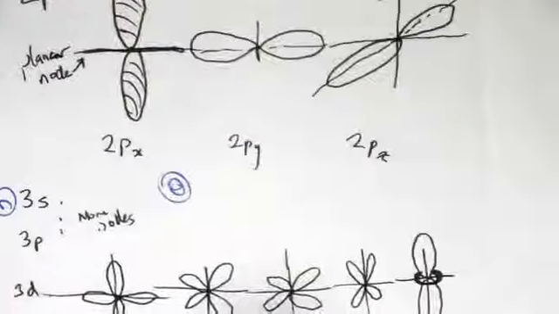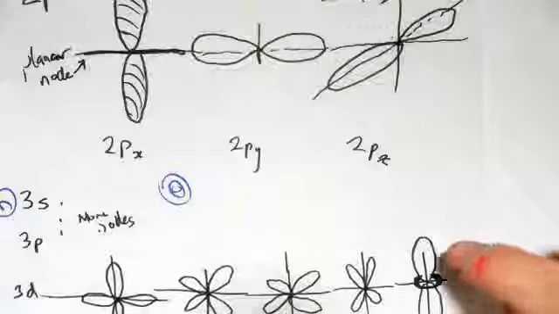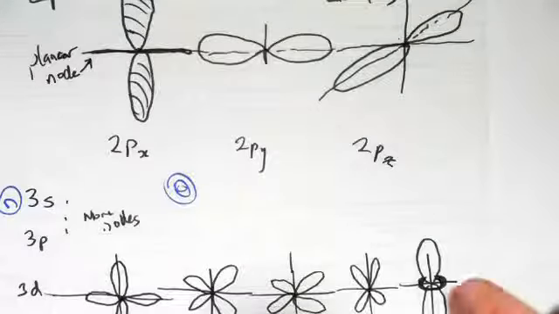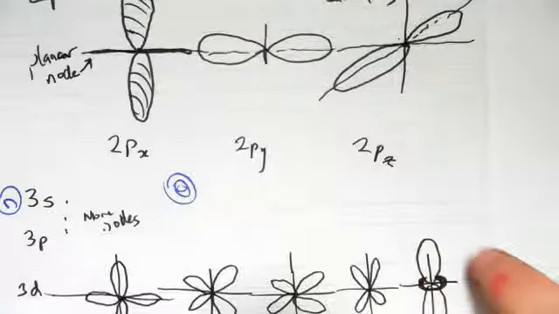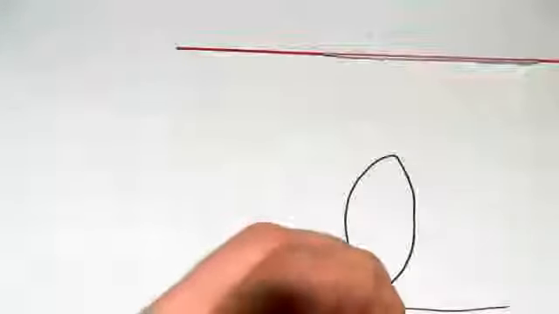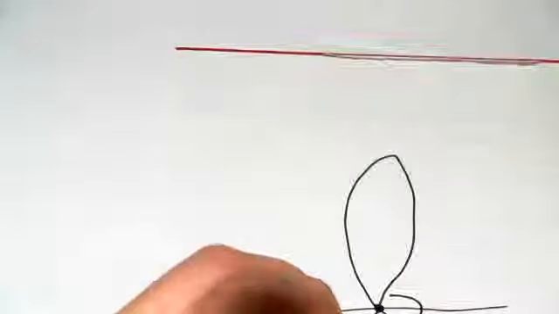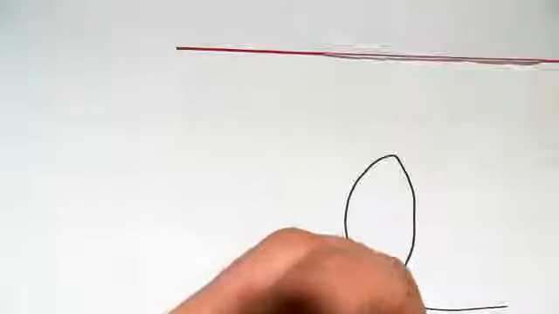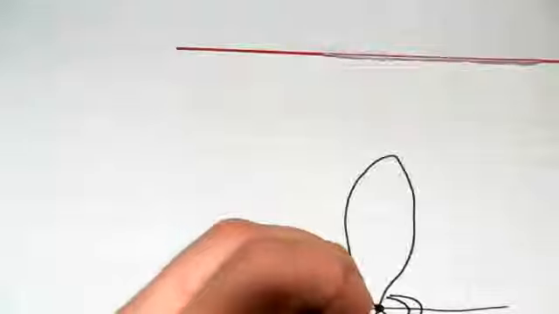But you actually have this 3dz squared orbital that has 2 lobes like a p orbital, but it also has a ring lobey thing, like a donut circled around the outside. So if we want to just have a look at this, because it's an interesting structure, if nothing else. So there's your nucleus, there's your lobes, and you also have this donut structure around the outside.